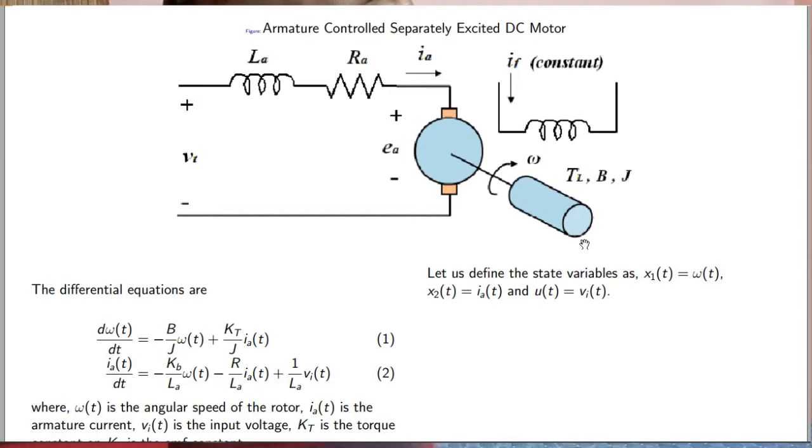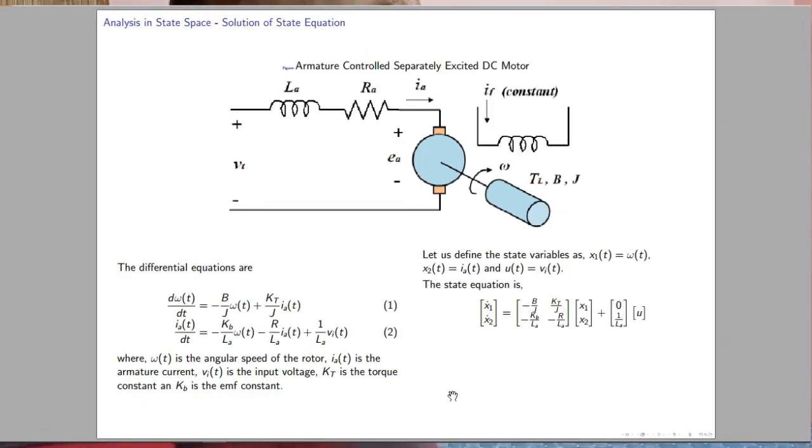So we will define them as the state variables, and the input is this Va of t. We will take it as u of t. The input u of t is Va of t. So with this definition, I can rewrite this differential equation as these state equations. Okay, so therefore this is the state equation representing this system.